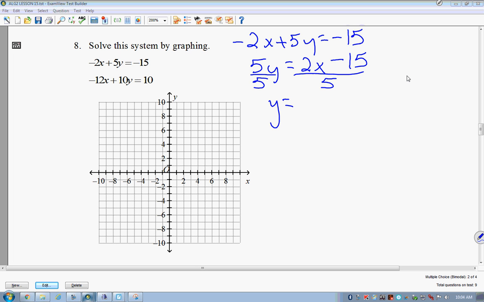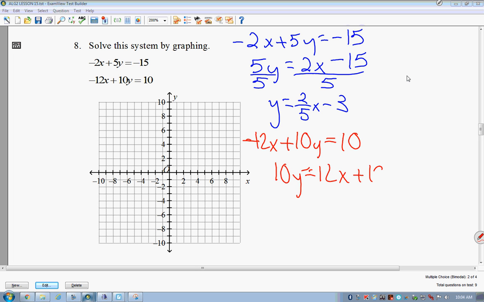So y equals 2/5 x minus 3. Okay? Now, let's do the other one. We got negative 12x plus 10y equals 10. Okay? Add 12x. 10y equals 12x plus 10.